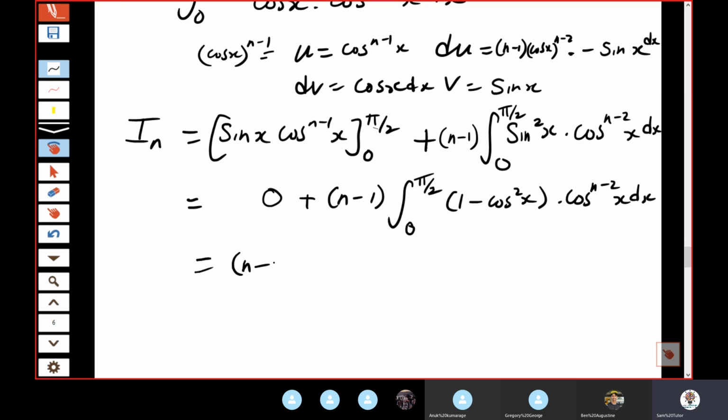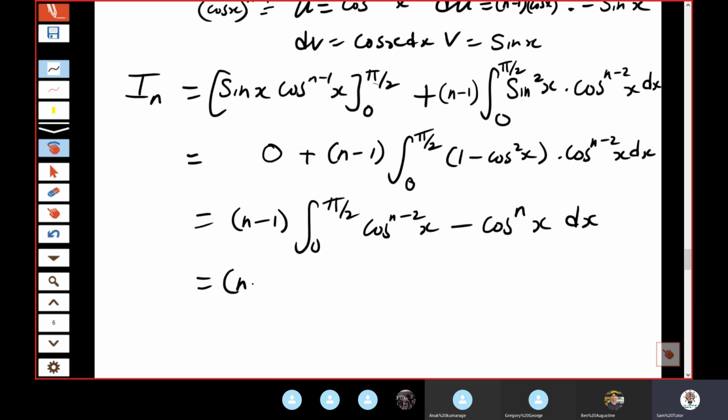Next line, n minus 1. 1 times cos n minus 2. We're almost there. 1 times this is cos n minus 2 x, minus cos squared x times cos n minus 2. What happens to your powers? 2 plus n minus 2 cancels out, and you're left with just this. What is this bit here?